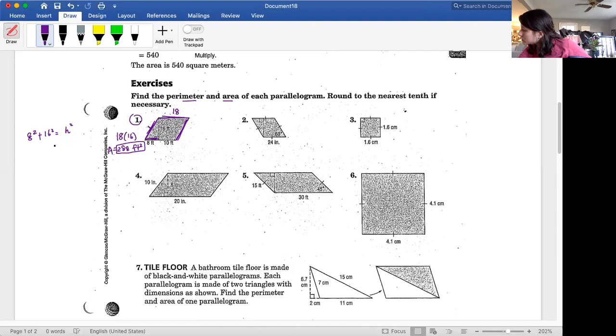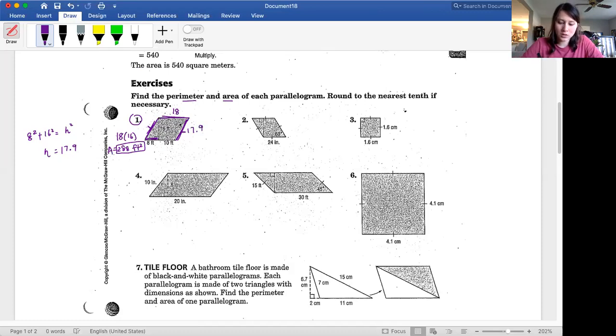You get about 17.88. So the hypotenuse is 17.9, maybe around the nearest tenth. And so I'm going to calculate this all as 17.9. Then I'm going to add all my sides together.